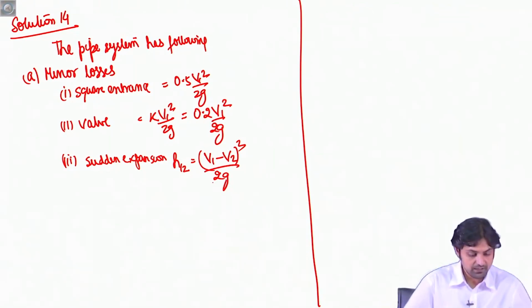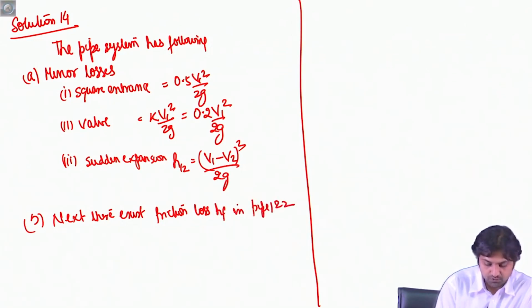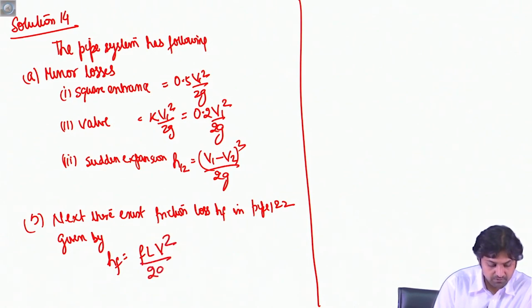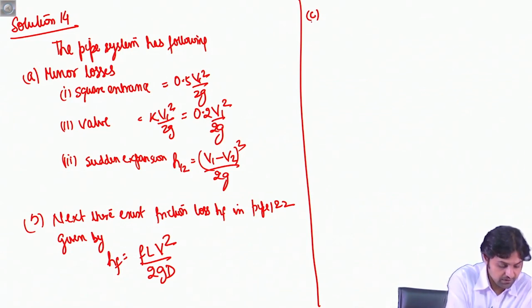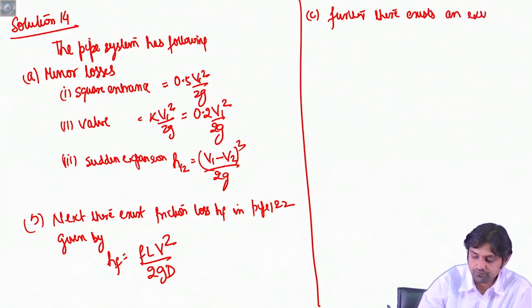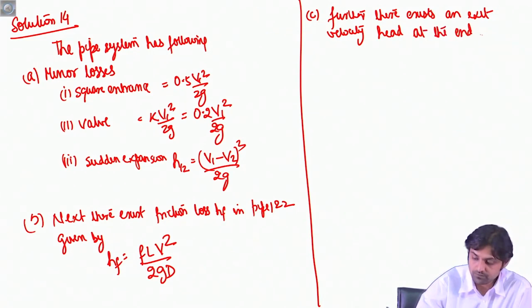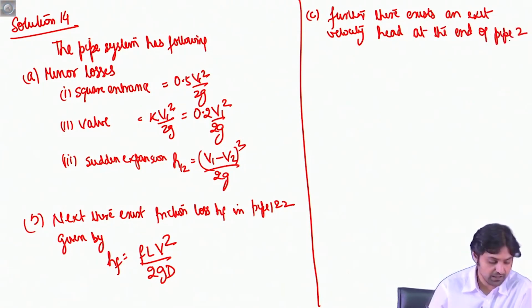All right, and then we have the friction loss hf in pipe 1 and 2, which is given by the general formula f L V square by 2 g D. Also there exists an exit velocity at the end of pipe 2.